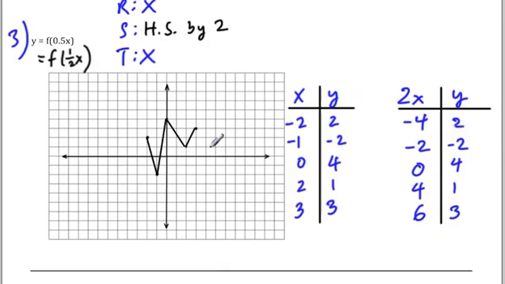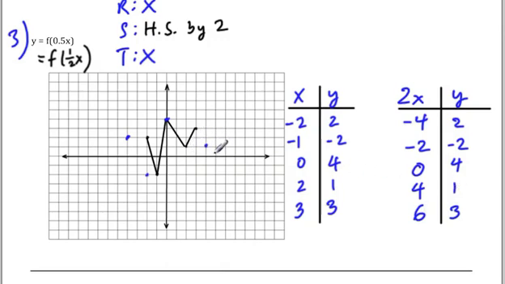So let's just plot them. Remember, everything basically gets stretched out by a factor of 2. So this is -4, 2 there. This one is -2, -2 becomes like that. 0, 4 stays put, that does not change at all. 4, 1 is that point right there.